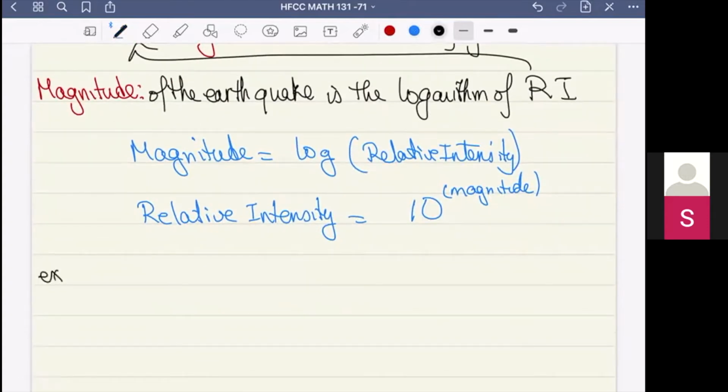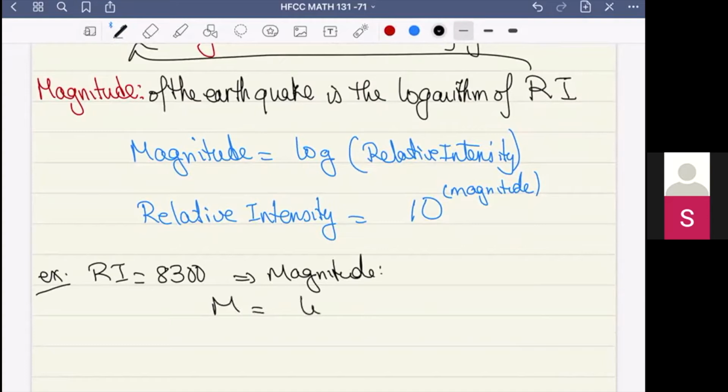Let's solve an example. If an earthquake has a relative intensity, which I'm going to abbreviate as RI, of let's say 8,300, find its magnitude. Well, the magnitude equals log of the relative intensity, which is log of 8,300.